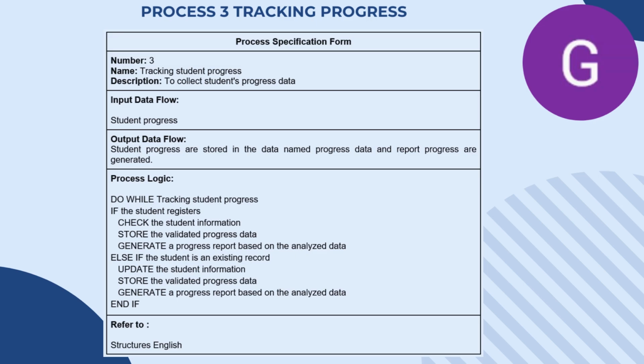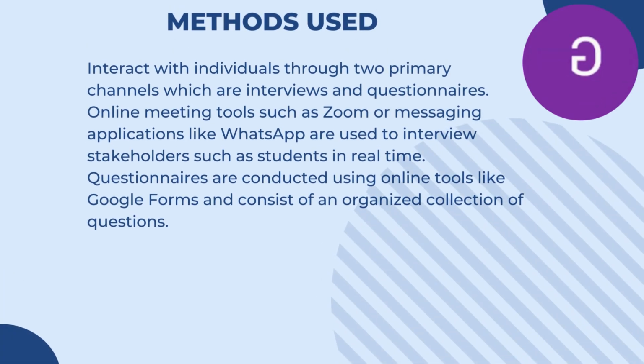And then you will track the student progress. If the student is registered, then check the student information and generate a progress report based on the analyzed data and so on.